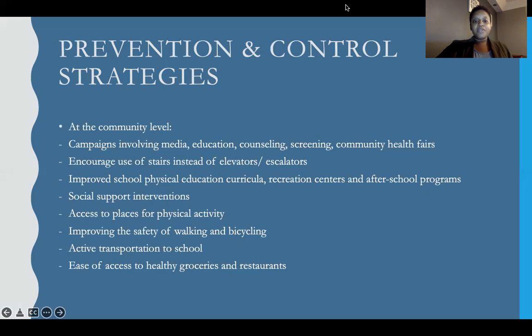And these are methods that children can use in order to get to school. So this is an active form of transportation rather than commuting in vehicles. The ease of access to healthy groceries and restaurants instead of the fast food outlets that are very rampant in certain areas and contribute heavily to obesity in children.